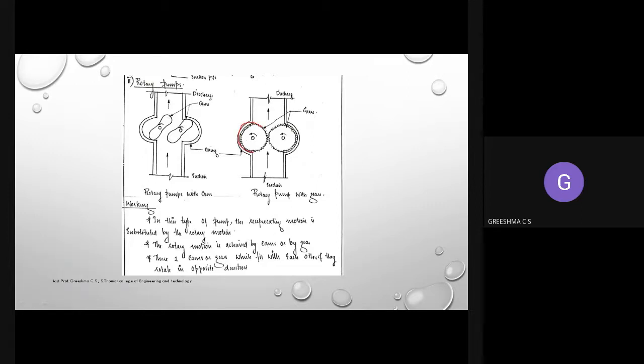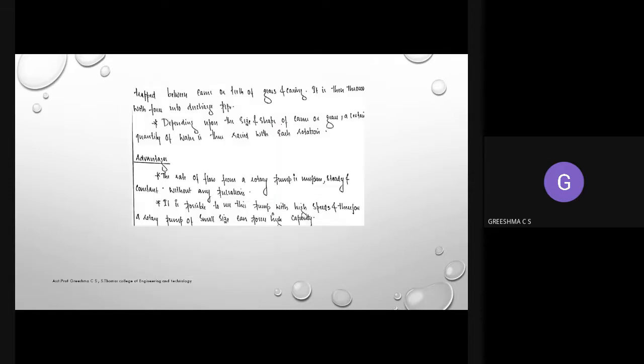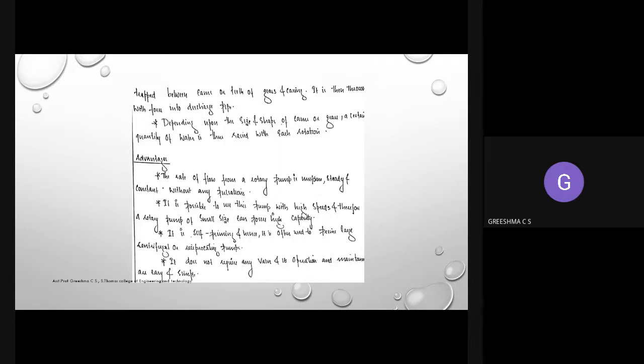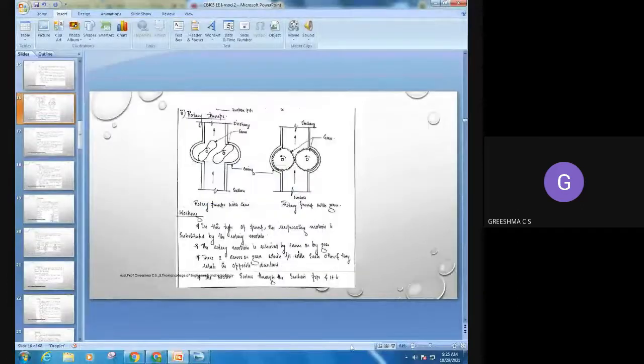Water will be entering into the suction pipe, and it will be trapped between these teeth and gears, and it will be forced to flow through the discharge pipe. I will show you a video of a rotary pump and how it is working.